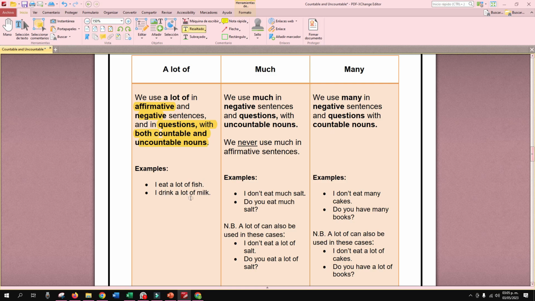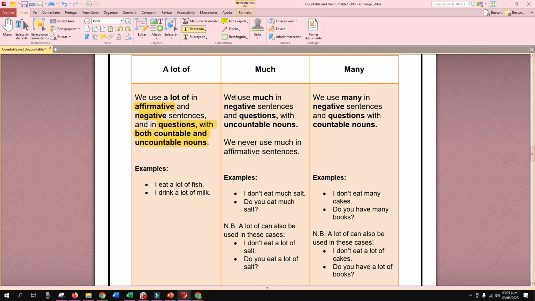I drink a lot of milk. Entonces, a lot of lo vamos a utilizar con contables, incontables, se puede utilizar con oraciones afirmativas, oraciones negativas y también con interrogativas. Y pueden ser los nombres contables o incontables.